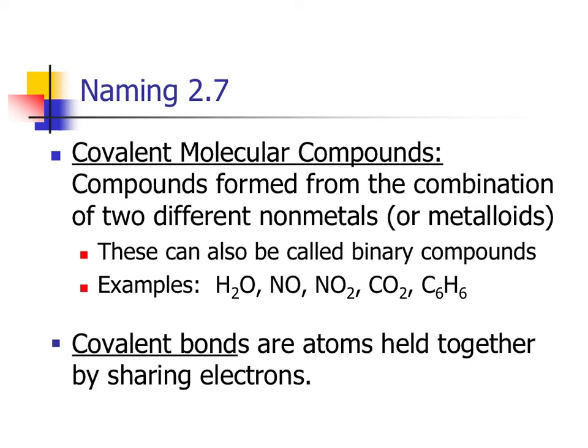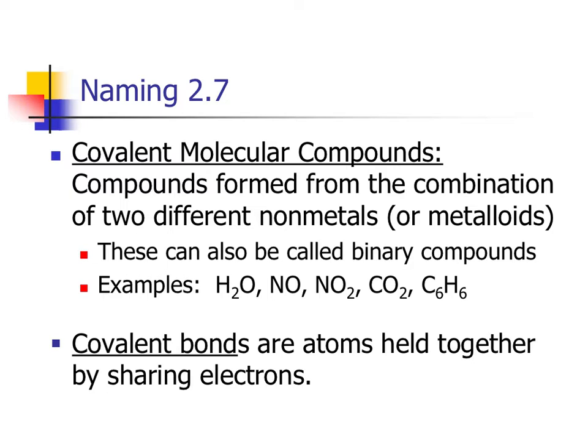For covalent molecular compounds, we have a different way, and you have to be able to know where certain elements are. Meaning, you need to be able to identify whether you have a non-metal or metalloid versus a metal.